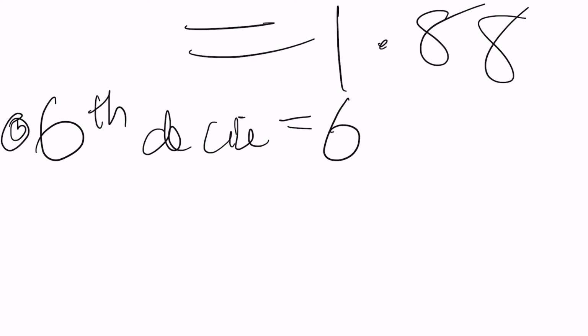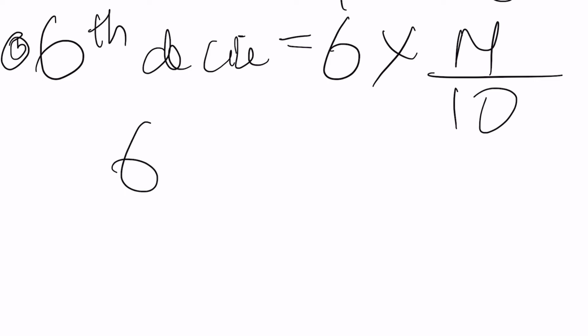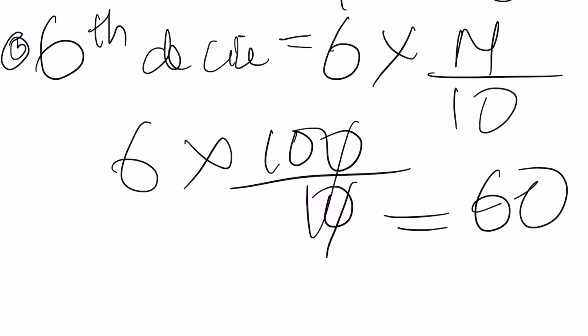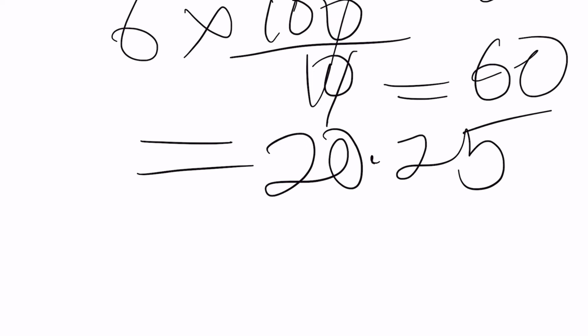Now, for our sixth decile, we have 6 times n over 10. That is 6 times 100 over 10, which is 60. And our 60 from the graph is 20.25.